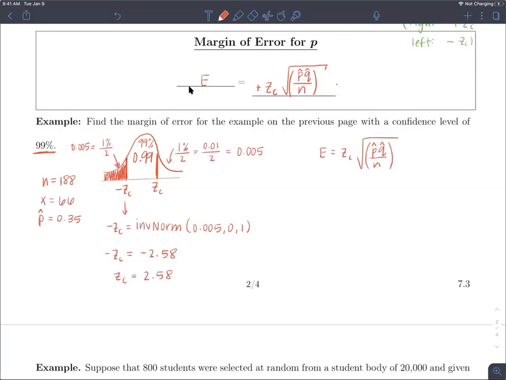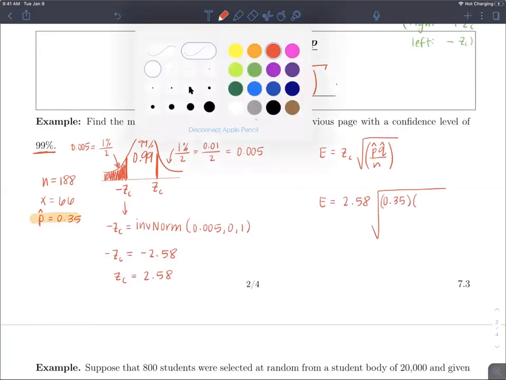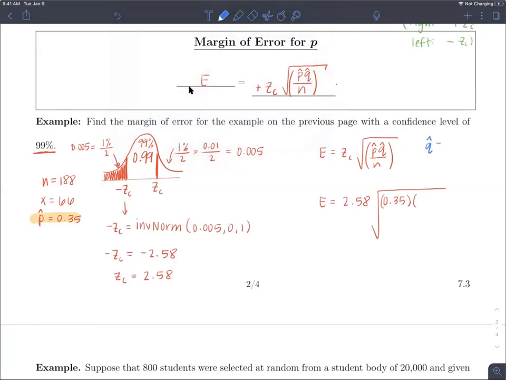So let's take all of these pieces now and find our margin of error. I know that E is equal to 2.58 times the square root. P hat, remember we found it earlier, it's 0.35. We also found Q hat earlier, but just in case you forgot, Q hat is equal to 1 minus P hat.